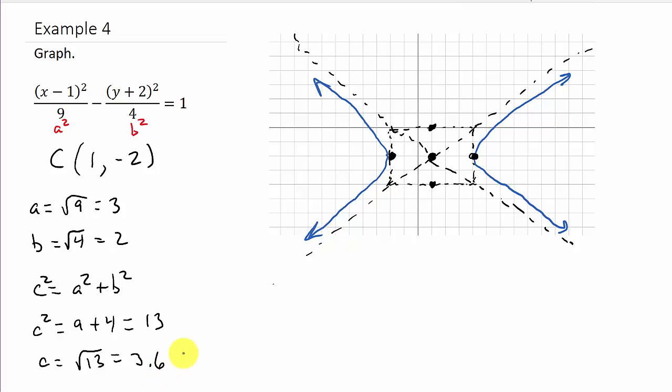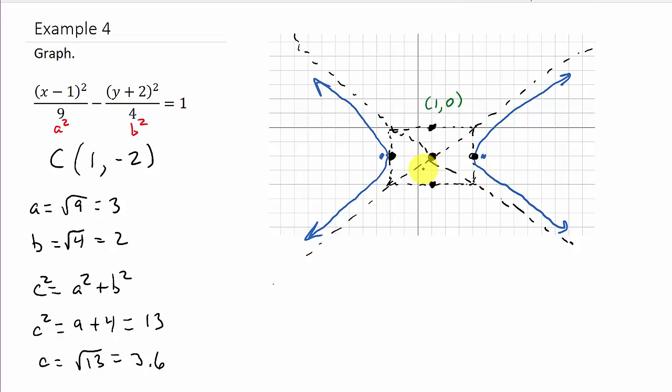Okay, and we can draw in the foci. That's 3.6 units. So that's 1, 2, 3, and then just a little bit more for the 0.6, and then 1, 2, 3, and a little bit more for the 0.6. So there's the foci, and we can label the points. Let's see, this is the point 1, 0.